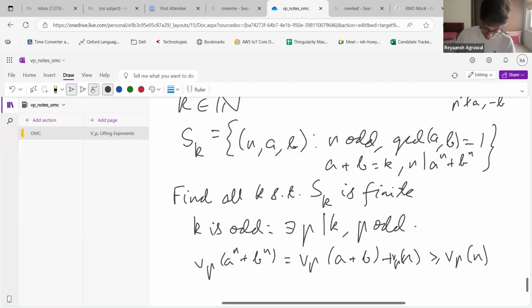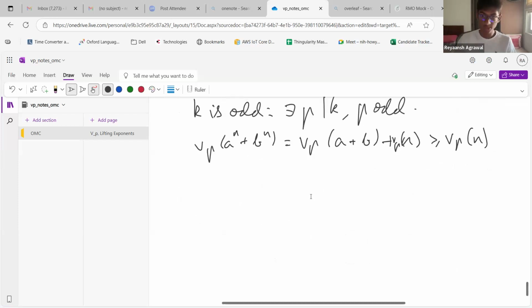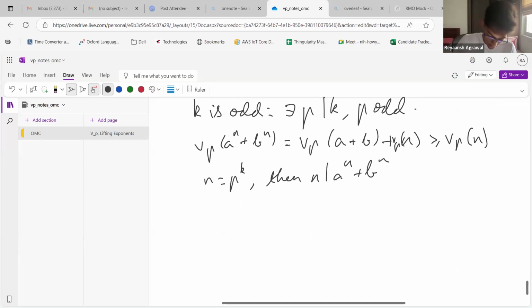Which means that if n is a power of p, then n must divide a to the power n plus b to the power n. Sorry, not k, n. Did everyone understand that? Great.